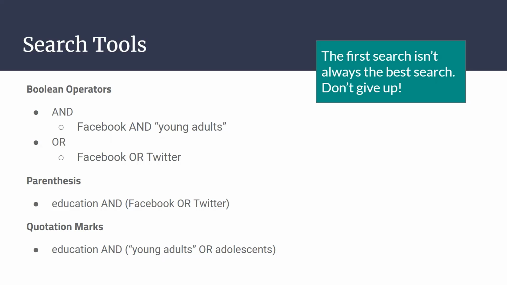So in this search, we would get results that focus on education and Facebook or education and Twitter. And that allows us to look at more information without being too overwhelmed by results. The parentheses, though, keep the synonyms or the similar related concepts together.